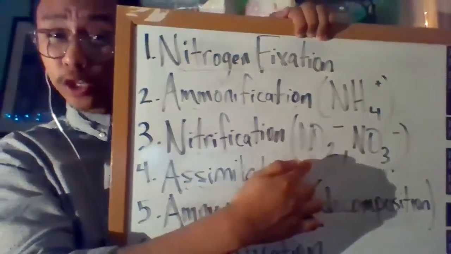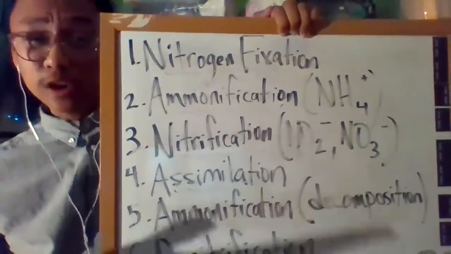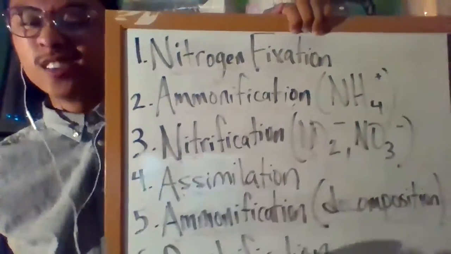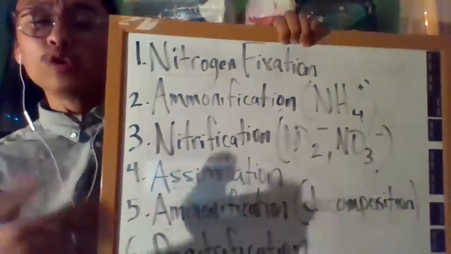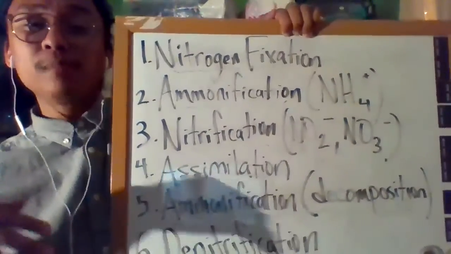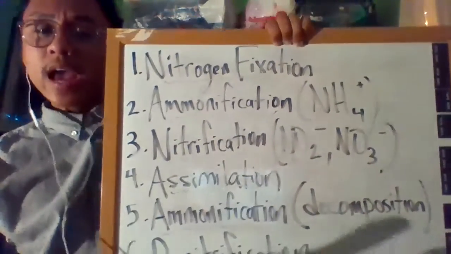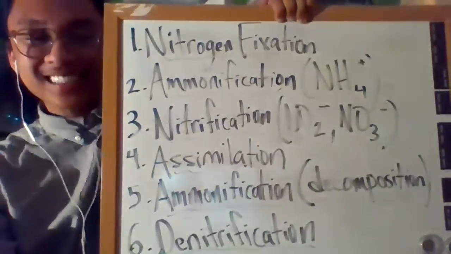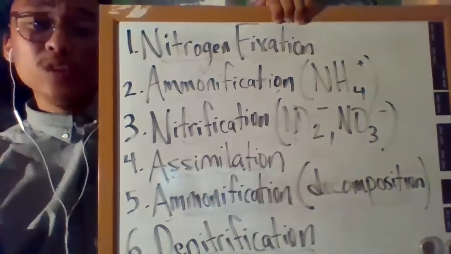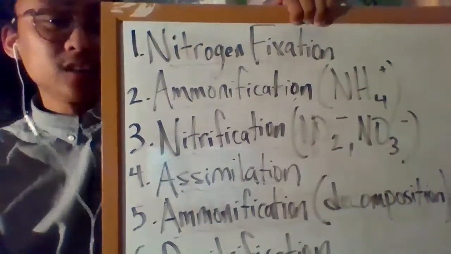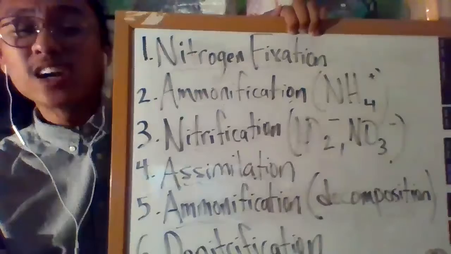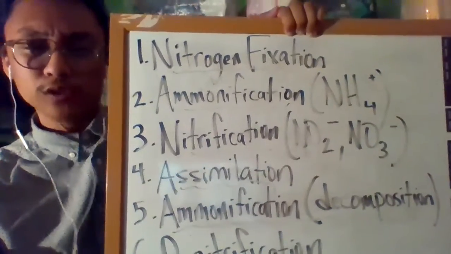Nitrite, NO2, is a form of nitrogen plants can use, and nitrate, NO3, is another form of nitrogen plants can use as well, and it can dissolve easily in water. So not only is nitrogen going into our biosphere, it is also going into our hydrosphere.